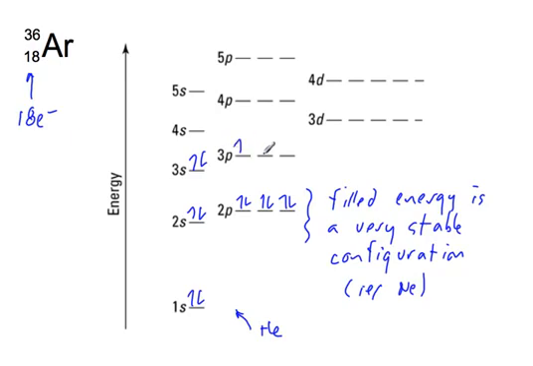So there's 2, and then Hund's rule. And now I'm done. And so argon also has a filled energy level, so argon is also a very stable configuration. So you hopefully realize why the noble gases are not reactive by looking at this. Their energy requirements are taken care of pretty well. We have a filled energy level, which is very stable.